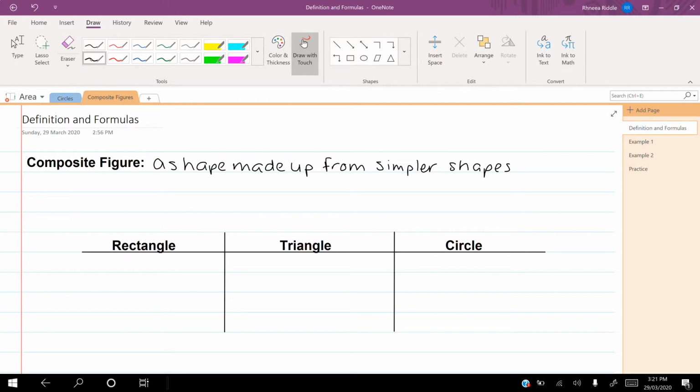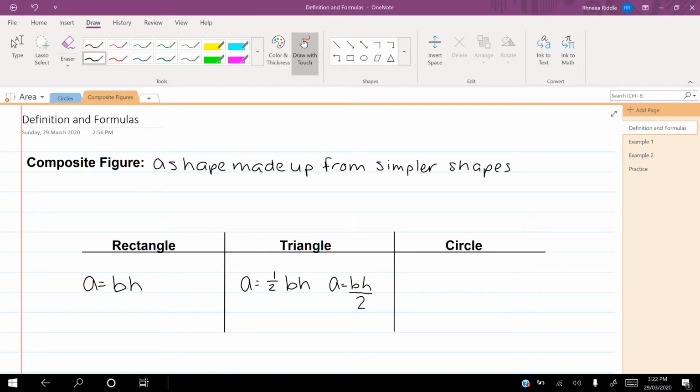So a rectangle, we can remember that the area equals base times height. It's probably one of the simpler ones to remember. The base times the height, the two different measurements. Where a triangle is area 1/2 base times height, or area equals base times height divided by 2.